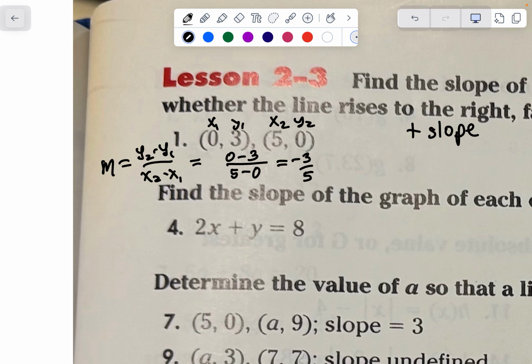You just have to tell me one more thing, that it is falling to the right. Okay? So negative slopes fall to the right, positive slopes rise to the right. And so remember, horizontal and 0 slopes go together, and then undefined slopes and vertical lines go together. Okay. Any questions about what we're looking for in 1, 2, and 3?